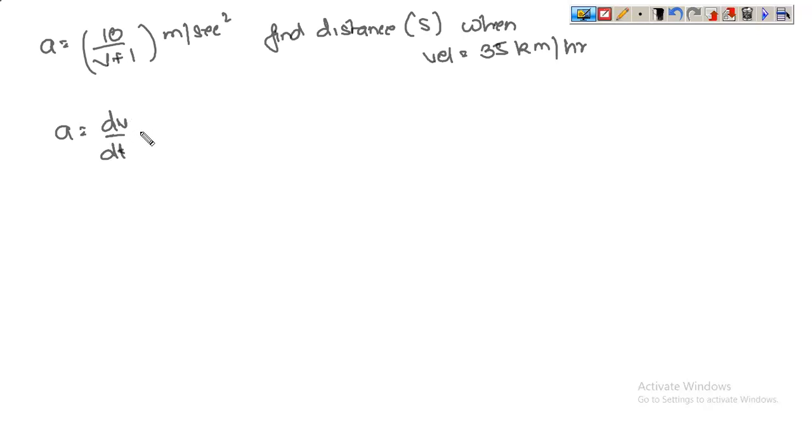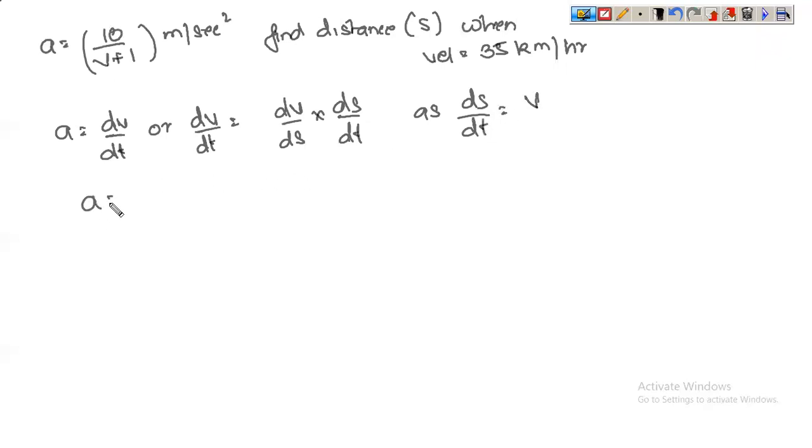So if you write this in another term, dv by dt can also be written as dv by ds multiplied by ds by dt, as ds by dt is equal to velocity.